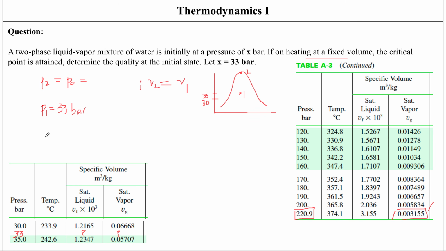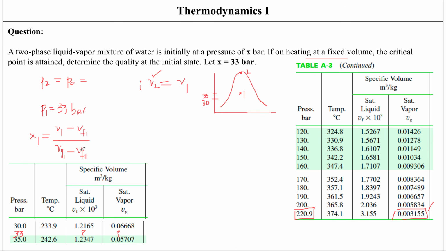And why am I doing that? Because we saw that to find x at state 1, I need to work it out in terms of V1, which is found from here, minus Vf at state 1, divided by Vg at state 1 minus Vf at state 1, specific volumes.